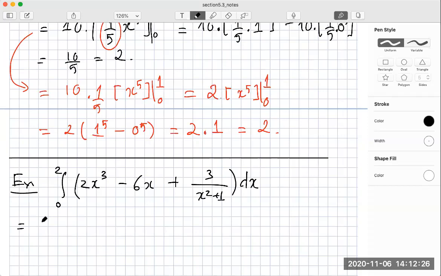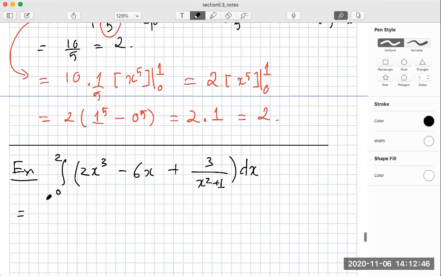So what should we do now? Look at the notes I gave you in section 5.2. Integral of a sum or a difference will be the sum or the difference of integrals. Therefore, let us make it easier first.